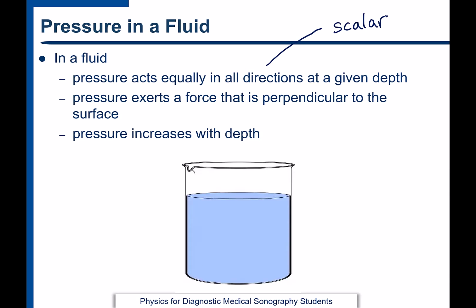One of the other important things about a fluid is that when it comes up against a surface, it exerts a force perpendicular to the surface. So in other words, the water in this beaker would be exerting a force outward on the side of the beaker, but it would be exerting a force down on the bottom of the beaker.